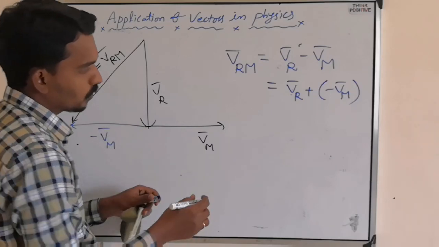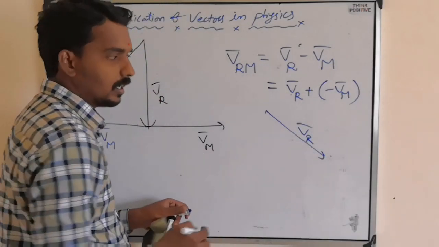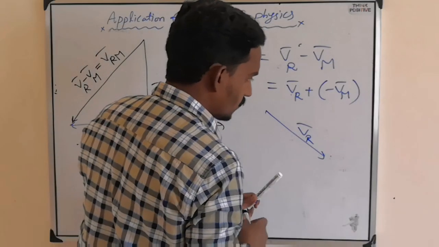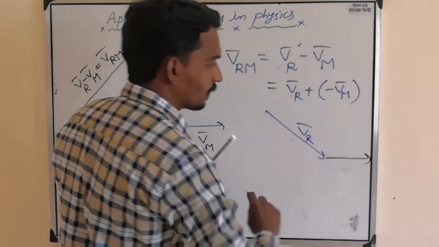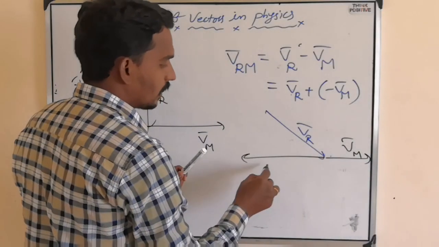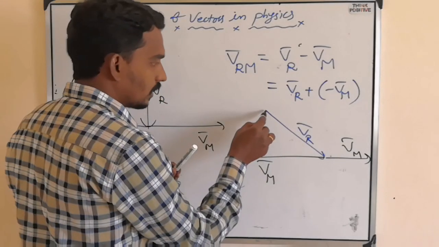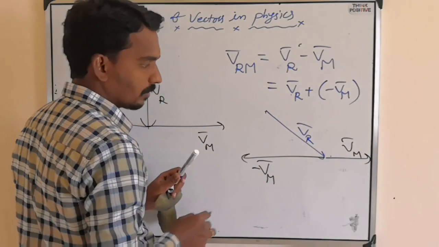Not just this case. Suppose rain is falling like this at some angle. Now you are moving with some greater velocity. This is your velocity. Then this is Vm. Then, sorry, this is minus Vm.